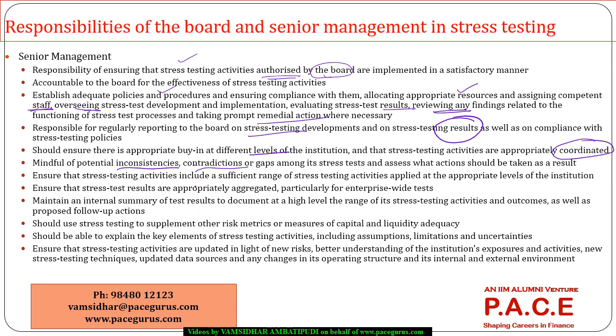And it's one of the important responsibilities of the senior management to ensure that different kinds of stress testing activities are sufficient, and again, should not be weird. That's where we are using the word sufficient. If we are talking about assumptions, they should be realistic assumptions. Weird assumptions may not be required to perform a stress testing activity.